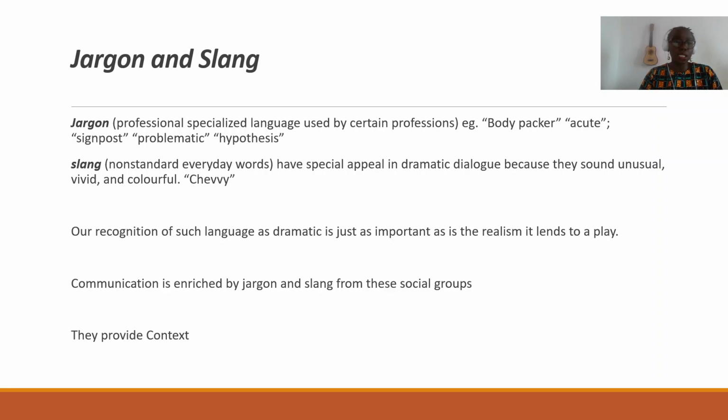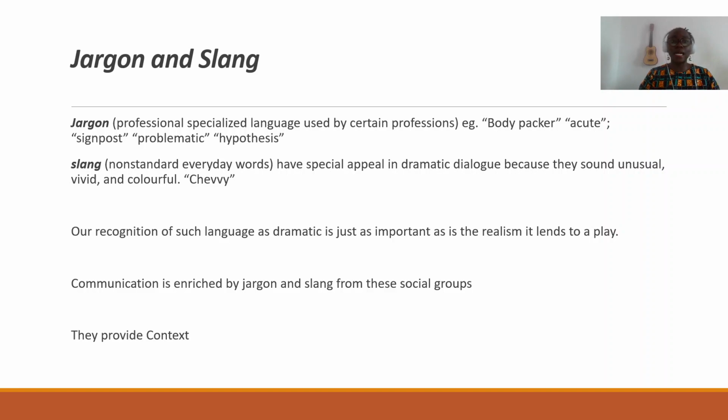Also problematic. When something is problematic, it signals a jargon in academic language that talks about problematizing a particular issue, or the use of something is not straightforward. It causes more problems. And then there's hypothesis.